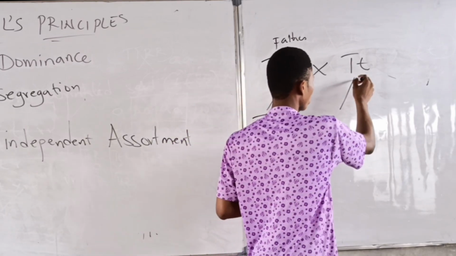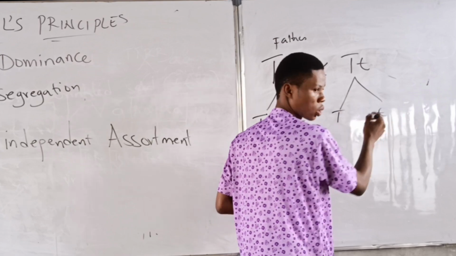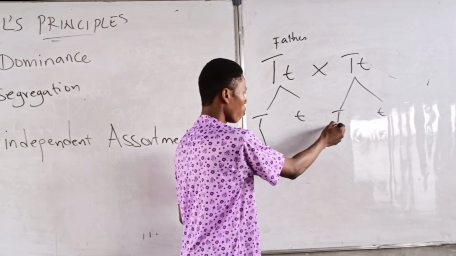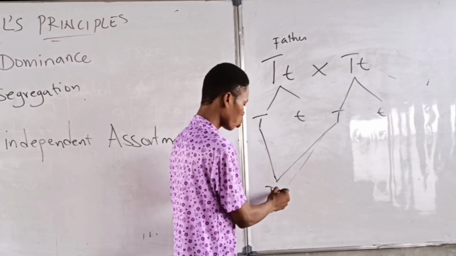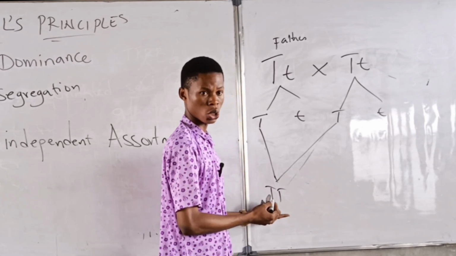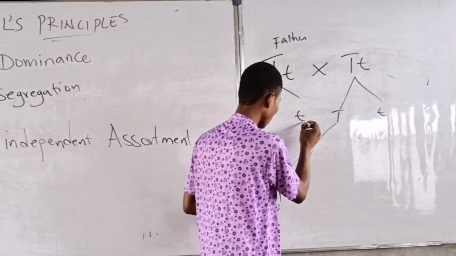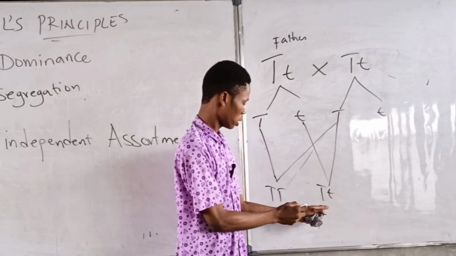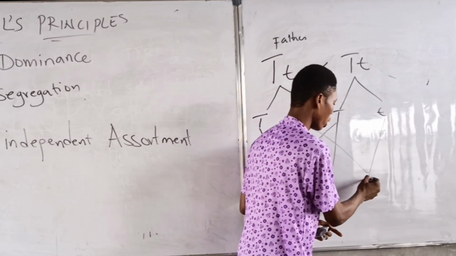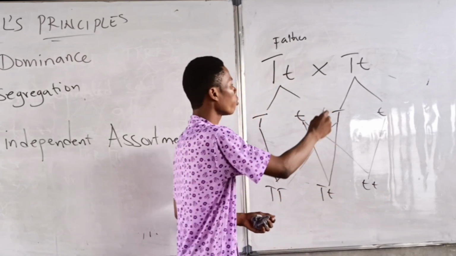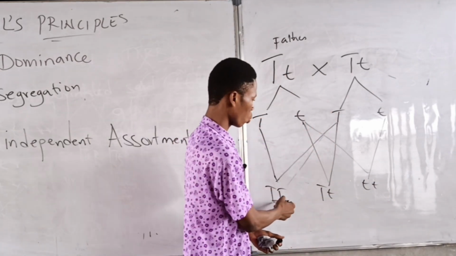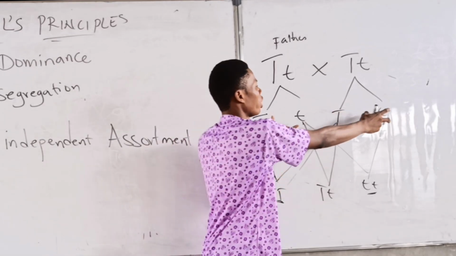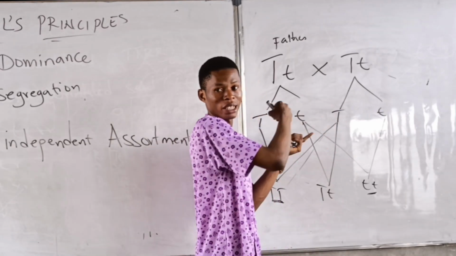Here we have capital T and small t here. Is it not? Good. Now, this one can combine with this one, right? And the offspring here can be capital T, is it not? This one can combine with this one, and you have something like this. But this one, you combine with this one, and you have something like this. So, though from the same parent, this child is tall, this one is short, because when they are combining, they combine differently.